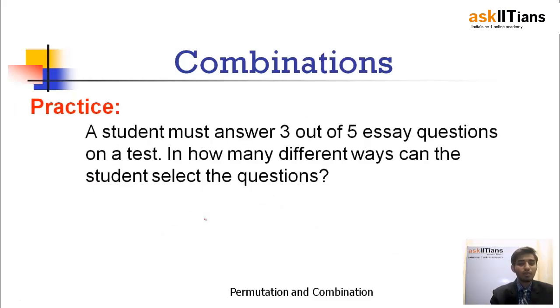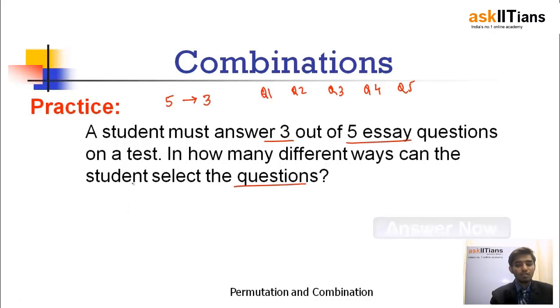Let us practice one more problem based on this. A student must answer 3 questions out of 5 essay questions on a test. In how many different ways can a student select the questions? So out of 5 questions, a student has to select any 3 questions. Suppose there are question 1, question 2, question 3, question 4 and question 5. Out of these 5 questions, I have to select any 3 questions.